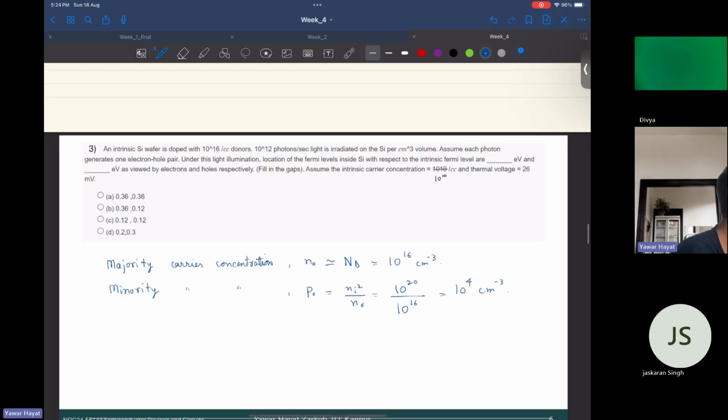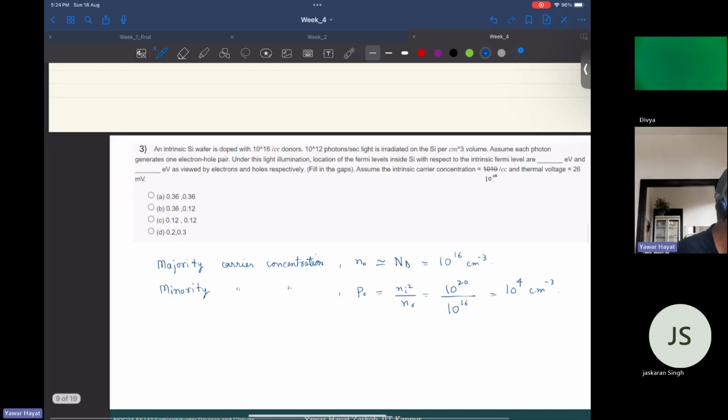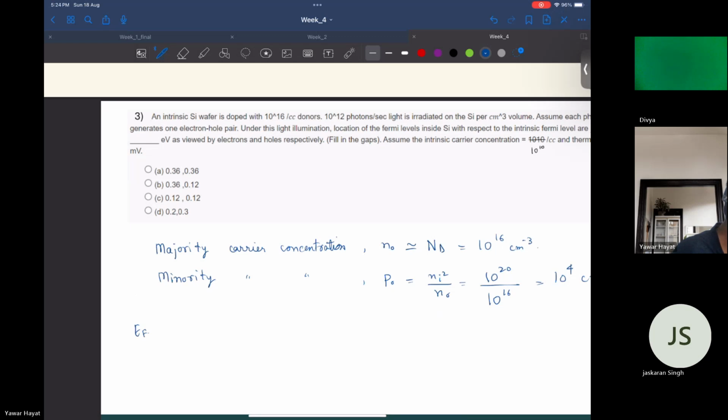Now, what is EFN minus EI? That is nothing but kT ln of N0 by Ni, which is nothing but 0.026 ln of 10 to the power 16 divided by 10 to the power 10, which is approximately 0.36 electron volt, right?